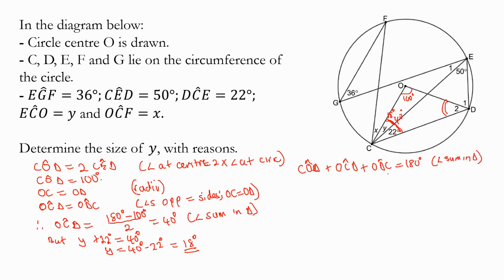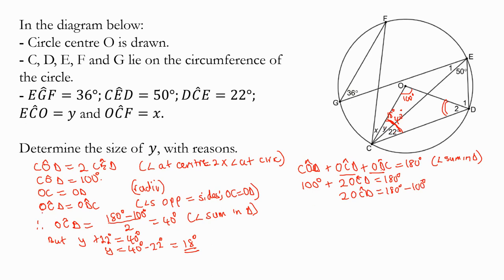Then 100 degrees plus OCD and ODC, and they are equal, so we can say 2 times OCD is equal to 180 degrees minus 100 degrees.